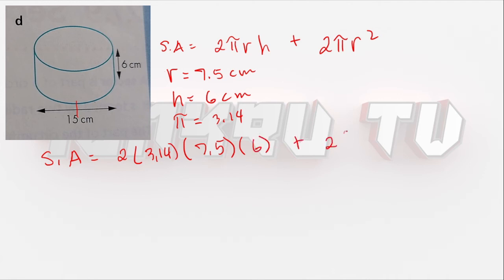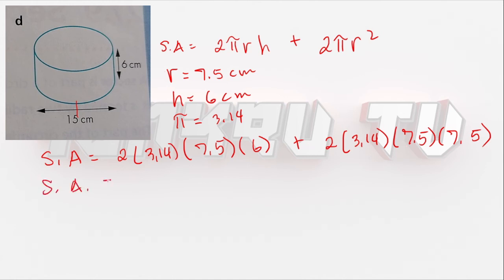Okay, plus 2 times 3.14 times 7.5 times 7.5. Okay? 2 times 3.14 times 7.5 times 6 plus 2 times 3.14 times 7.5 times 7.5.